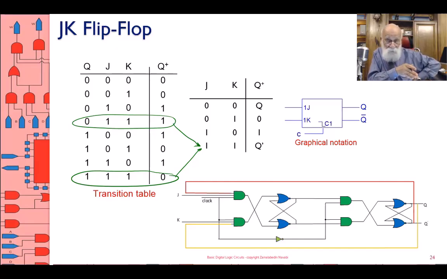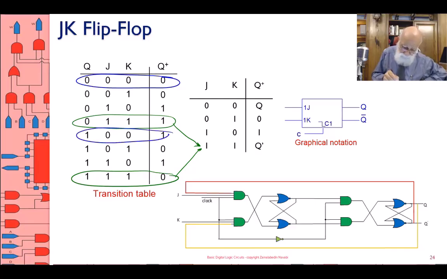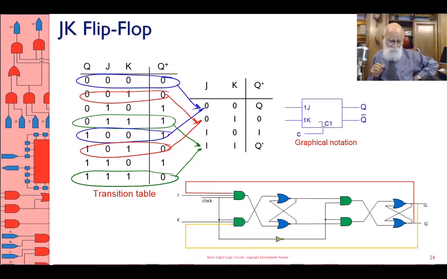I remove Q, and then if JK is 0 0, nothing changes. Okay, 0 remains 0, 1 remains 1. If it is 0 1, it's always 0.